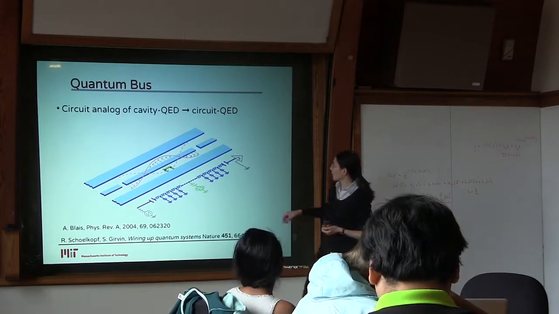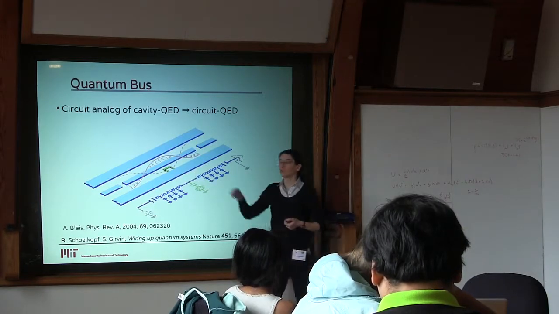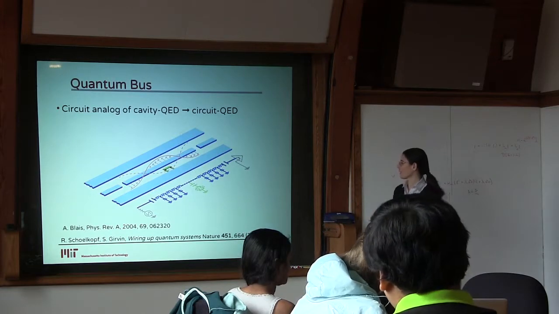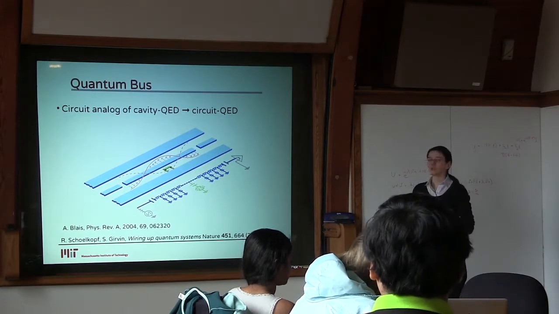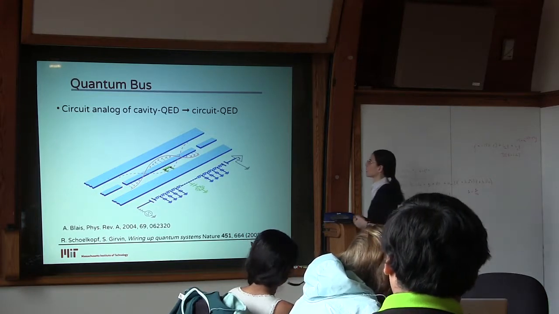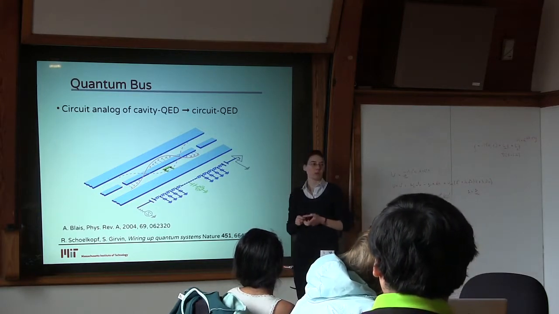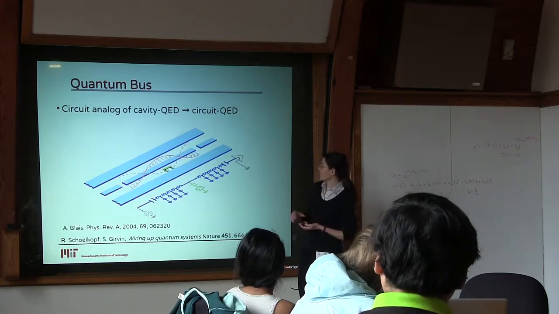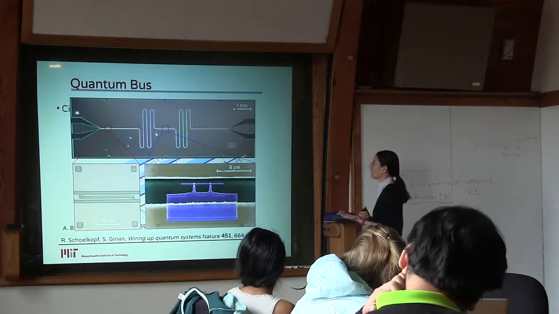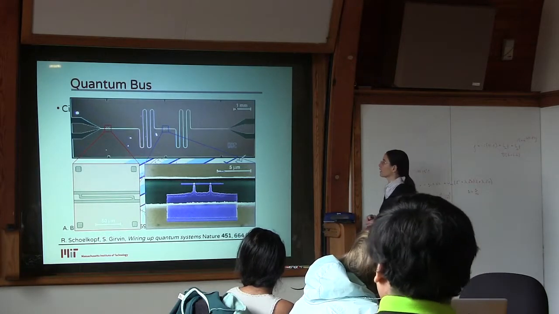And then you have a Cooper pair, which is your qubit, to which you can now couple the electromagnetic wave. So the physics is very similar to cavity QED, but now you can realize it in a very compact way. This is of course the cartoon picture, but then you can really go down and do it in practice in the lab.